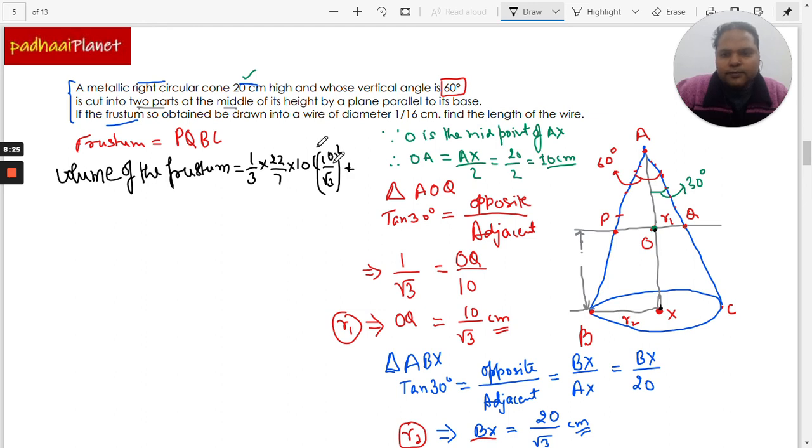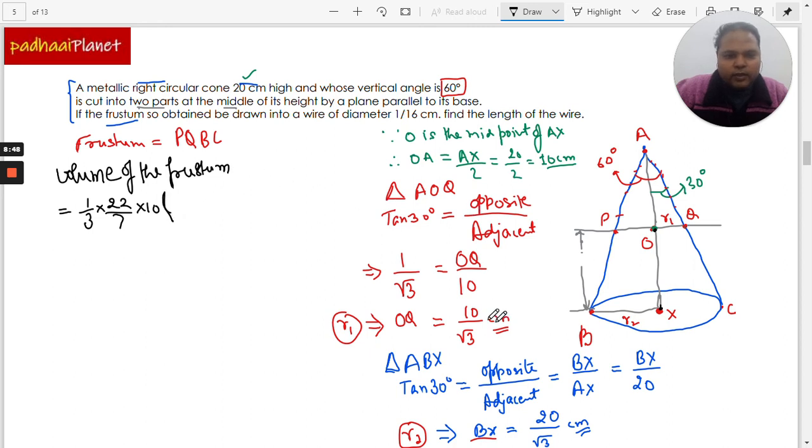R2 square. I think I'll have to put it this side because here the space is a constraint. I'm sorry about that. So let's start from here. The volume of the frustum is 1 over 3 multiplied by 22 by 7. H is 10, and then we have R1 square.